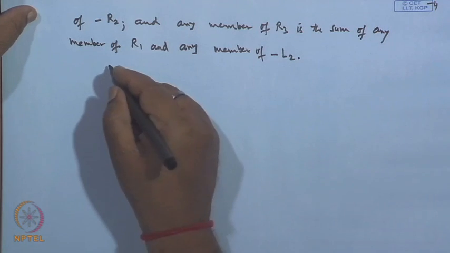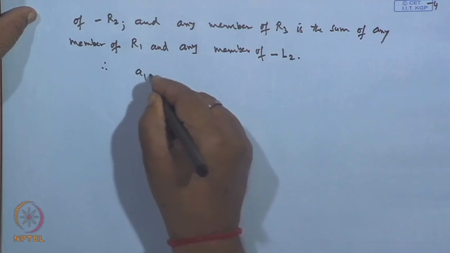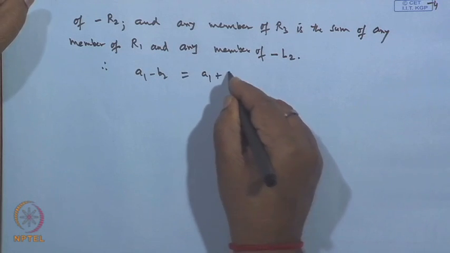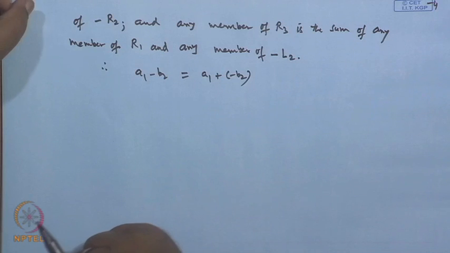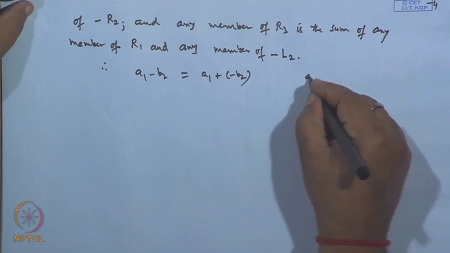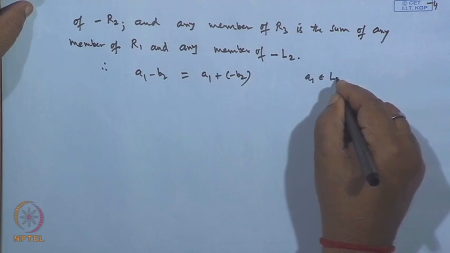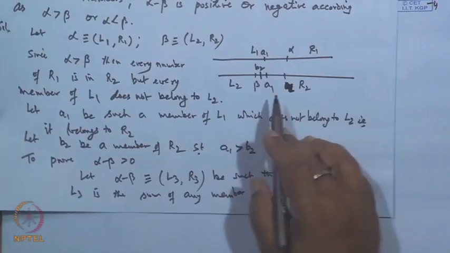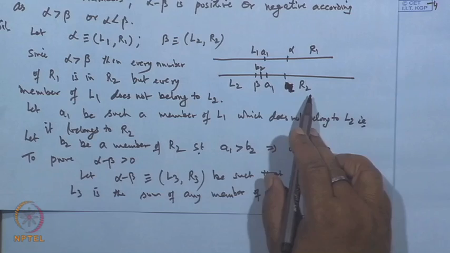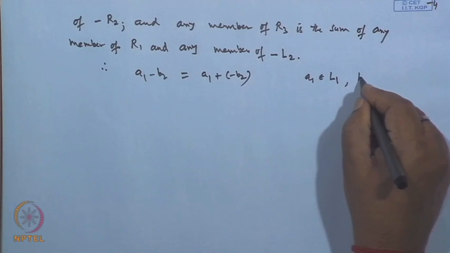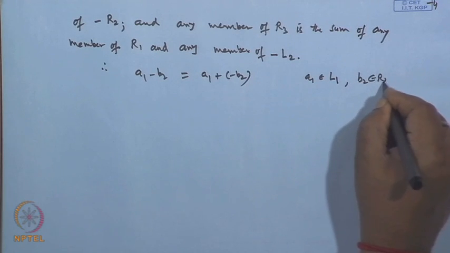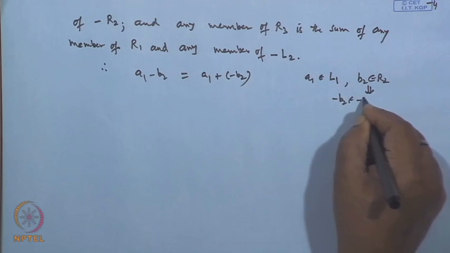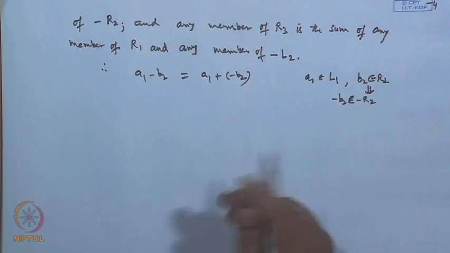So, therefore, A1 minus B2, what is this? Is it not the same as A1 plus minus B2? Now, A1 belongs to what? A1 belongs to L1, and B2 is in R2. So, minus B2 will be in minus R2, is it not?